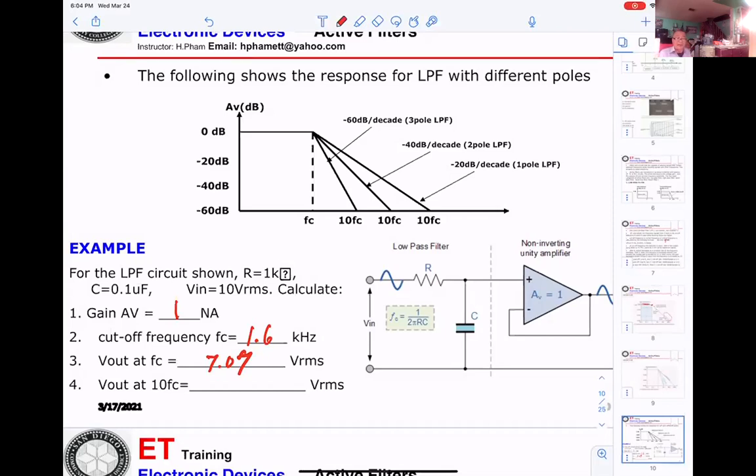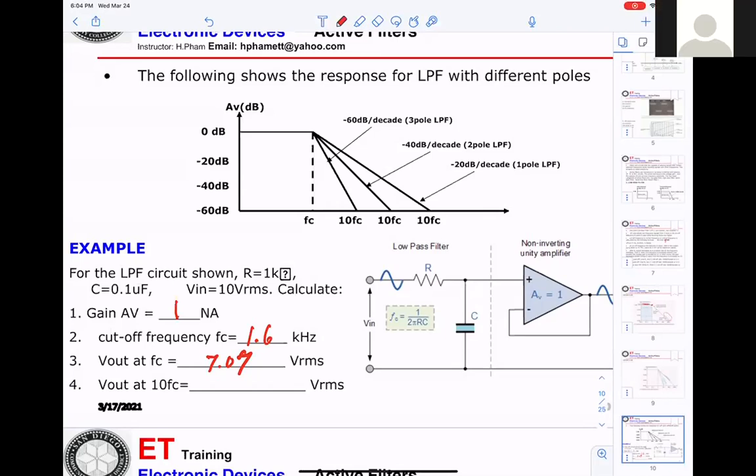That means they're going down minus 20 dB from the value at FC. So it's 1/10 of that, 10 volts times 0.707. 10 volts RMS, and now they're going down 20 dB. So it will be 1 volt RMS, is it right?